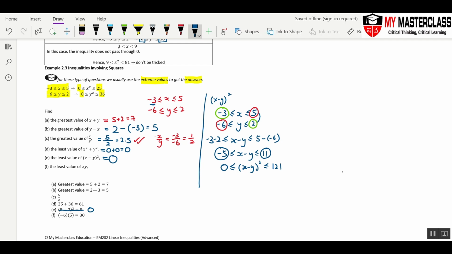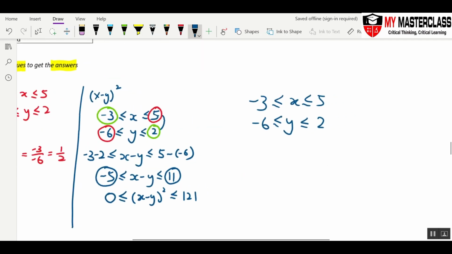Okay, next, the least value of x times y. Again, I look at these two. x is in between -3 to 5. y is in between -6 to 2. For x times y, the smallest value is going to be, especially when there's a negative, we always try to pair a very small negative number with a very big positive number, and that will give you -30.